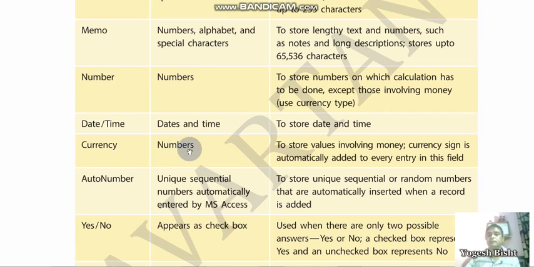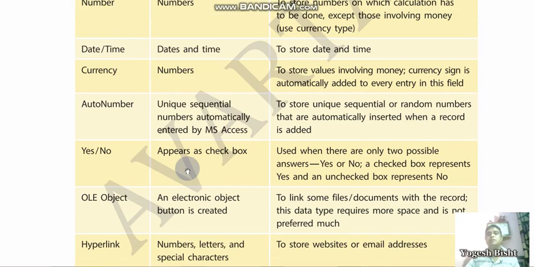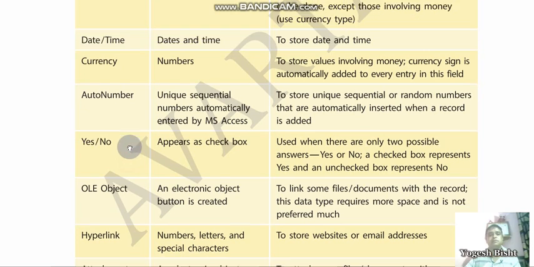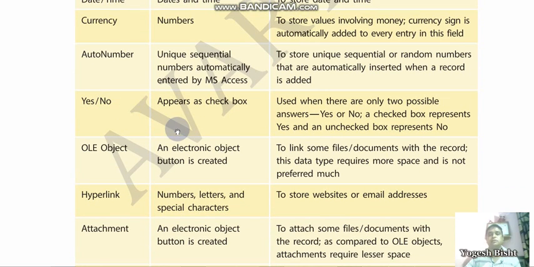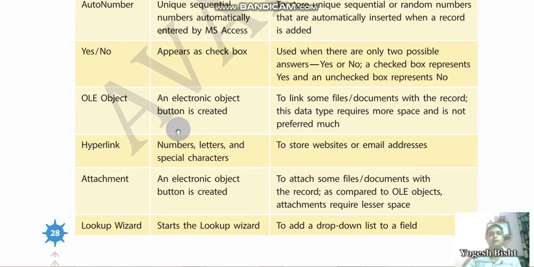Currency again is for numbers. Then auto number means a unique sequential number automatically entered by MS Access, so we don't need to put in the series, but Access will automatically increment the units. Then yes or no, this is a boolean where a checkbox automatically appears, and the user enters yes in case of a tick, and no if left blank or a cross is put.